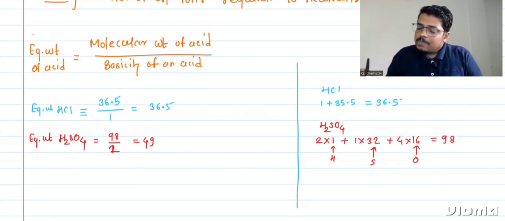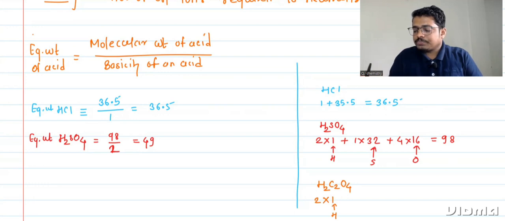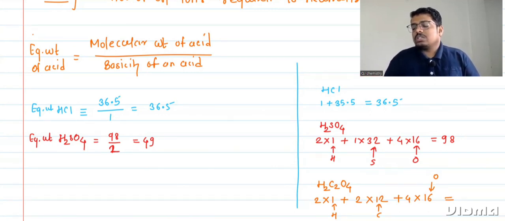Next example is oxalic acid, H2C2O4. Let us find the molecular mass first. 2 into 1, where 1 is the atomic mass of hydrogen, plus 2 into 12, where 12 is the atomic mass of carbon, plus 4 into 16, the atomic mass of oxygen. Total is 2 plus 24 plus 64, which is equal to 90.